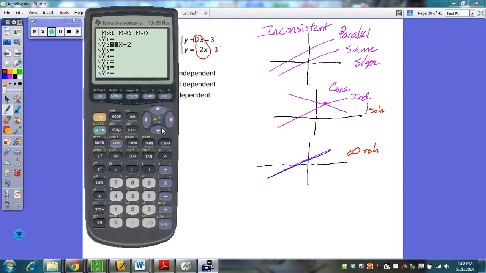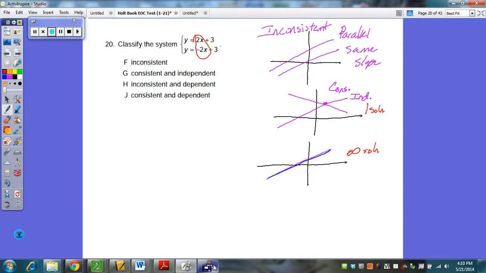We have y equals 2x plus 3, and then same y-intercept, but a negative slope, and I'm going to graph them. And I can see here that I have one solution. So therefore, I have a consistent and independent solution.